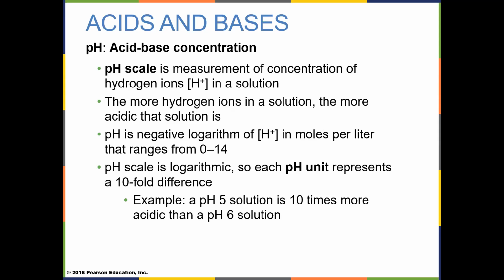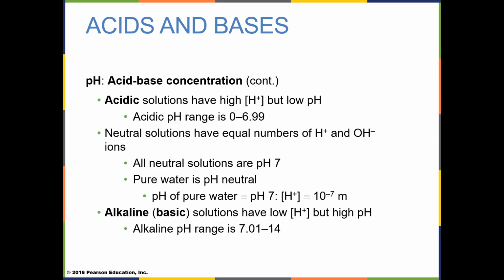Now, numbers at the extreme ends of the scale are dangerous. They can cause tissue damage. They can hurt. The range is 0 to 6.99 is acidic, and 7.01 to 14 is basic. Neutral is pH of 7. The hydrogen ions and the hydroxyl ions are balanced.